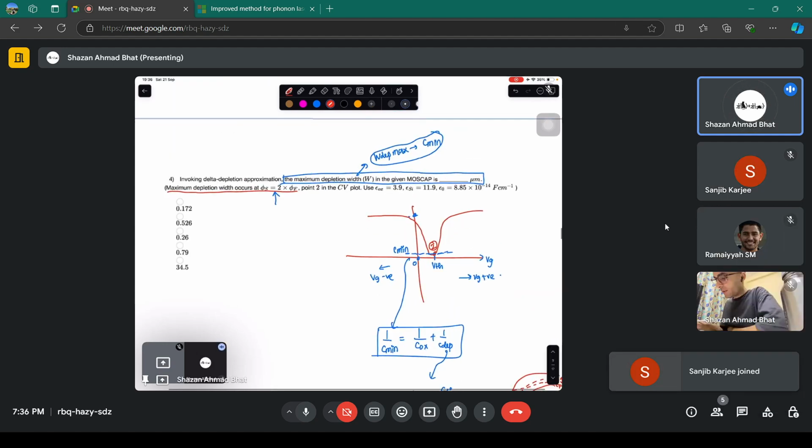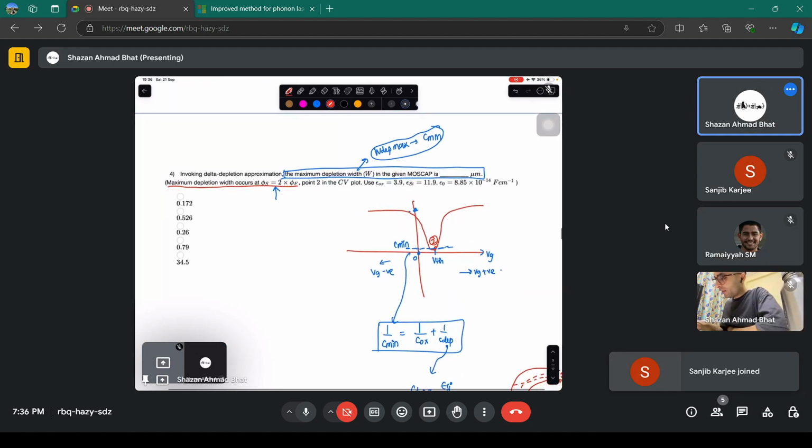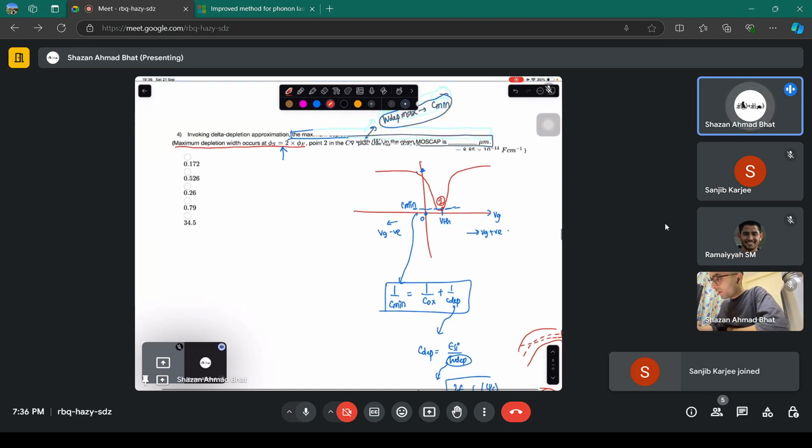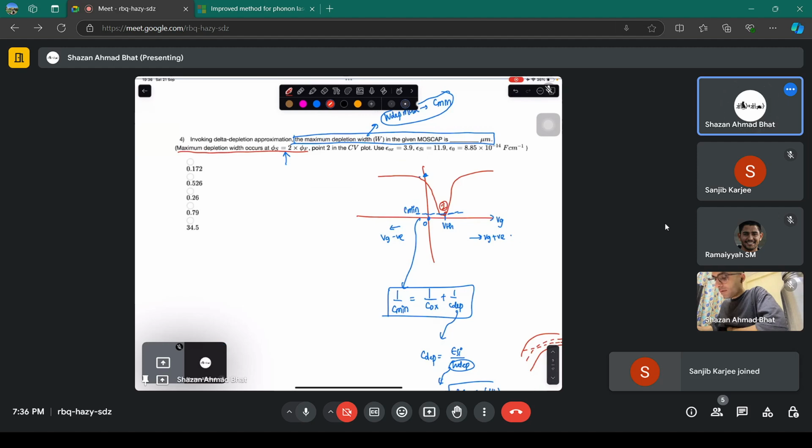Is there some information missing? Let me just cross check it once. Maximum depletion width. Where does this come from?